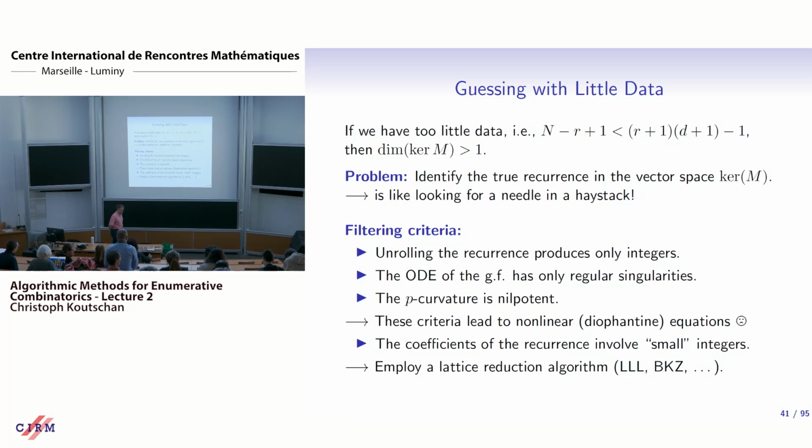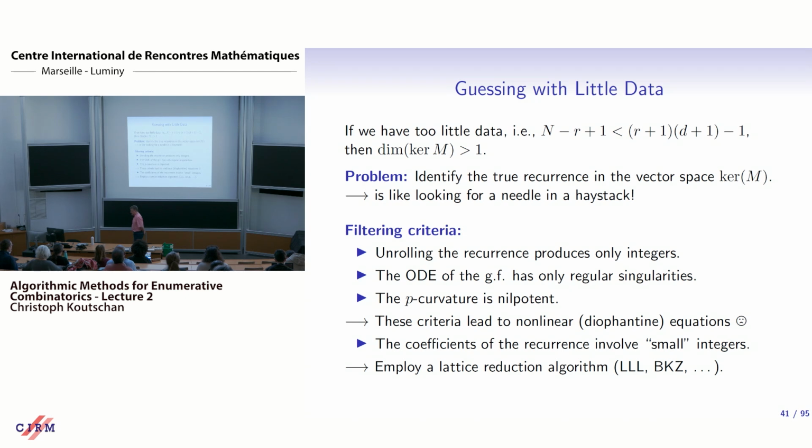Yesterday, I started to explain how we can find recurrences for given sequences of numbers. And we faced the problem that sometimes we have too little data to make a linear system that has more equations than unknowns.